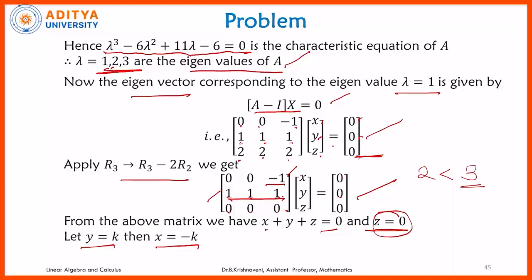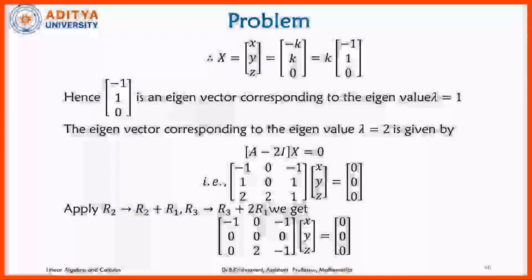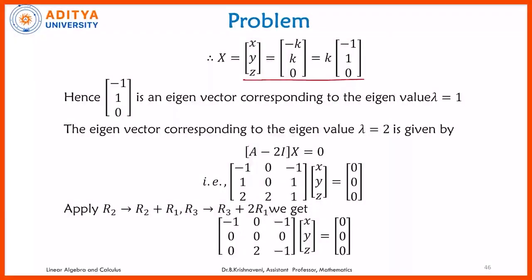So the vector corresponding to lambda equal to 1 is [x, y, z] equal to [-k, k, 0], that is equal to k times [-1, 1, 0]. Hence we conclude that the vector [-1, 1, 0] is the eigenvector corresponding to lambda equal to 1.